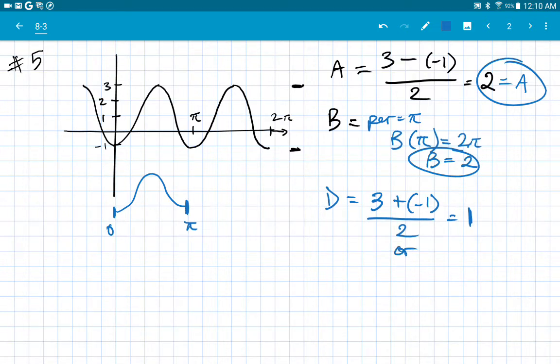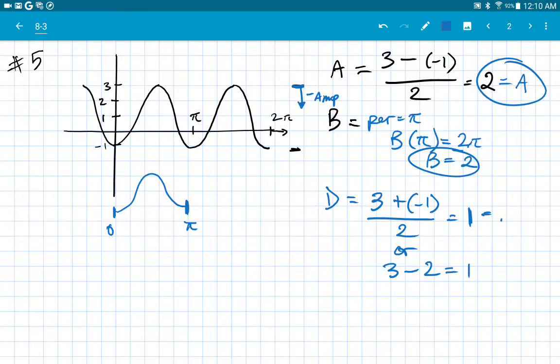Or, just to show you different methods, remember we can also say that if you take the max minus the amplitude, you can also get that d value. So the max was 3 minus the amplitude of 2, and you see you also get 1. Okay, so our d value is 1.